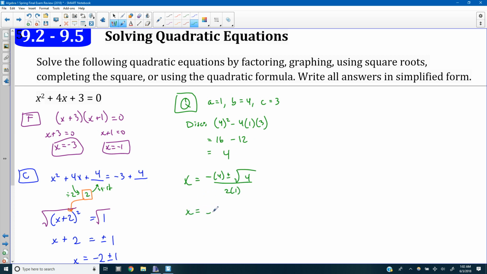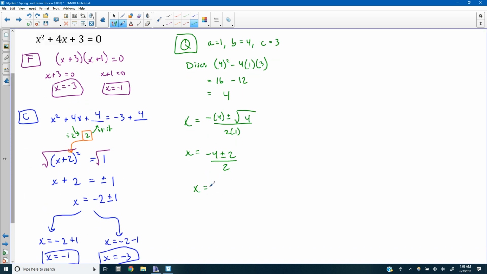So x equals negative 4 plus or minus 2, all divided by 2. So x will either equal negative 4 plus 2 divided by 2, or x will equal negative 4 minus 2 divided by 2. So x will equal negative 2 over 2, which is negative 1, or x will equal negative 6 over 2, which is negative 3.